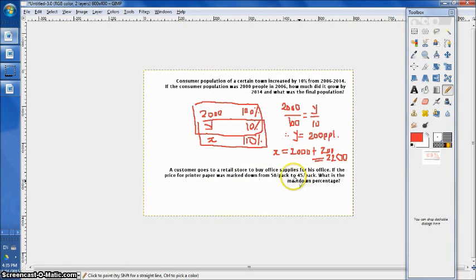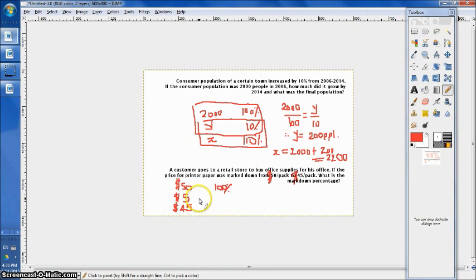So I know that $50 a pack is 100%, and I know that it went down to $45, so my final figure is $45. So that's a difference of $5.